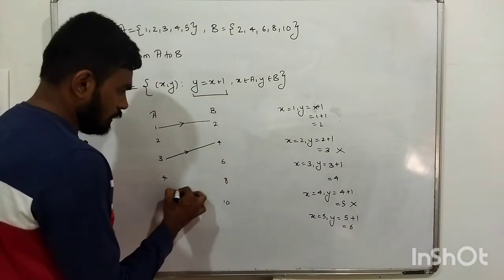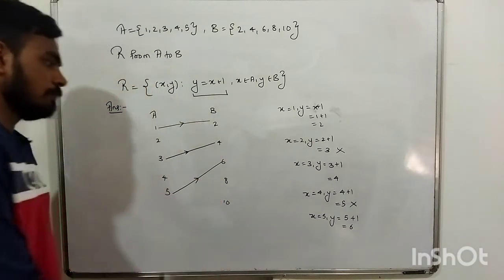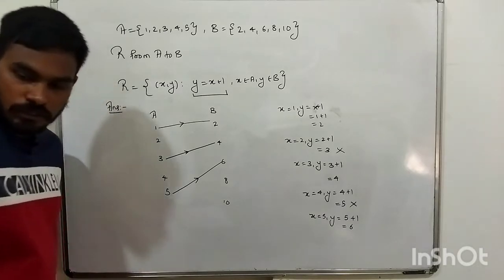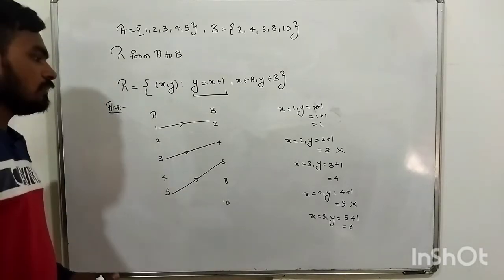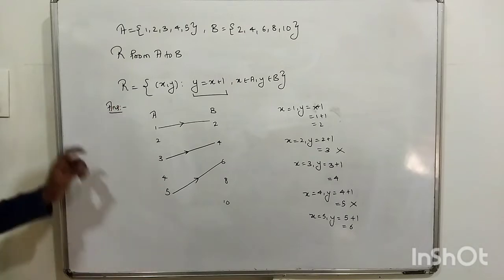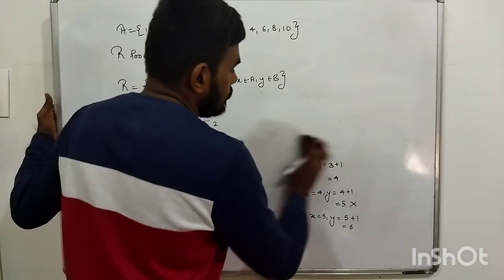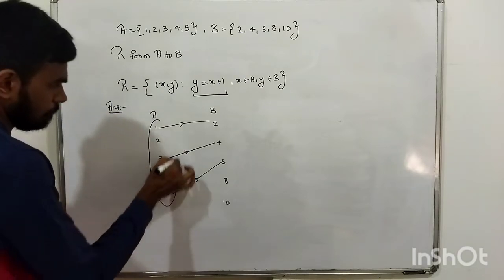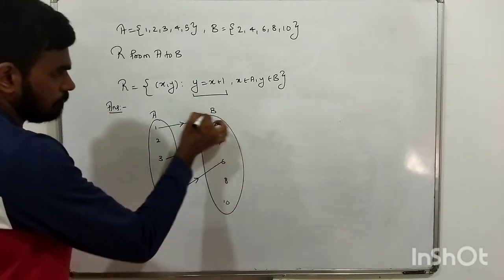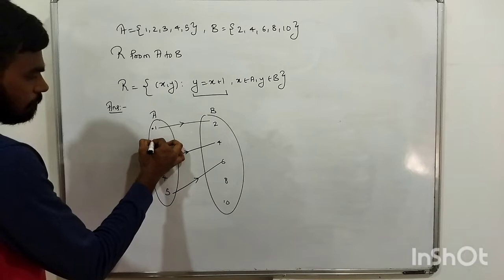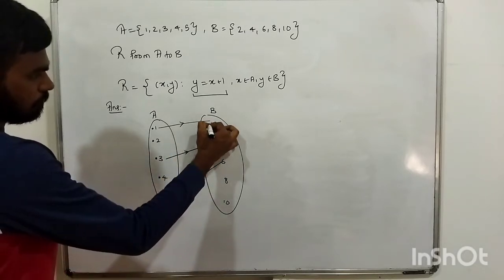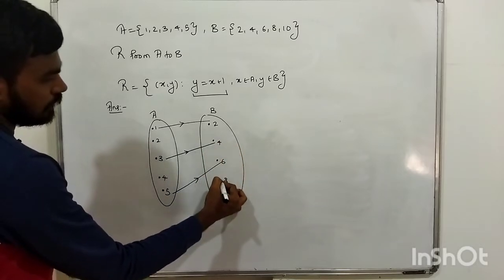So this can be paired with this. There is no more number here, so this is it. We'll draw it properly. This is the arrow diagram.